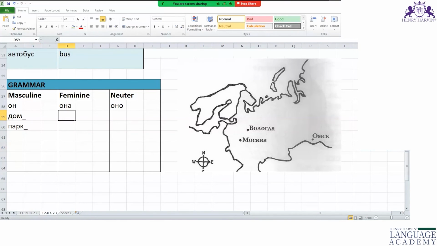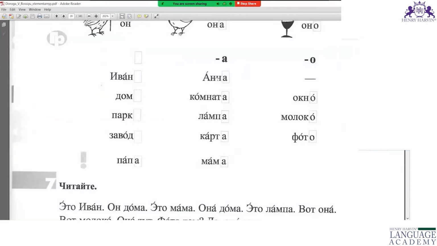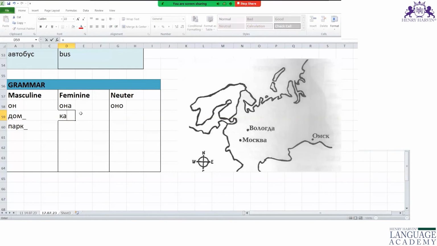Feminine gender words end in А. For example, let's see the examples here. Анна, комната, лампа, карта, мама. Мама, of course, feminine. Анна, we know it's a feminine name. Комната, лампа, карта. Let's write down a few words like карта.